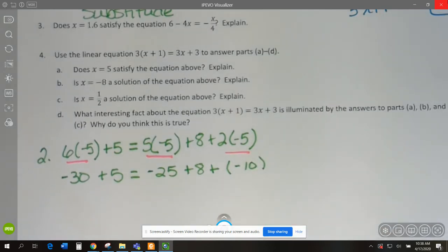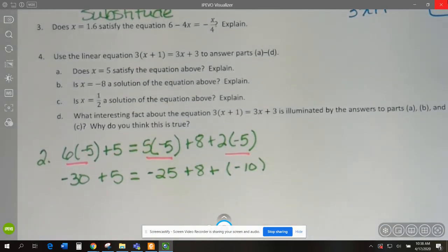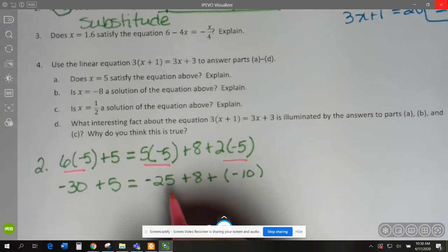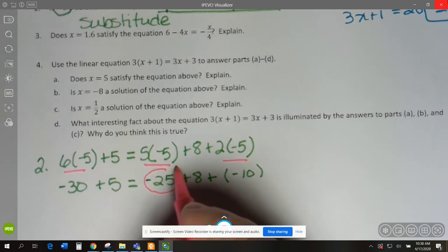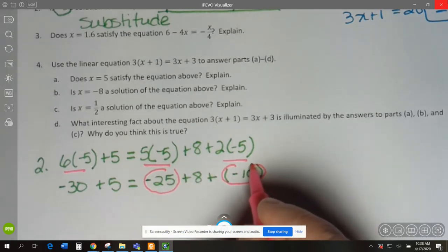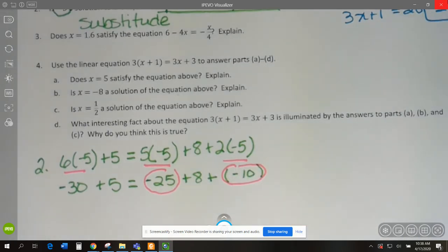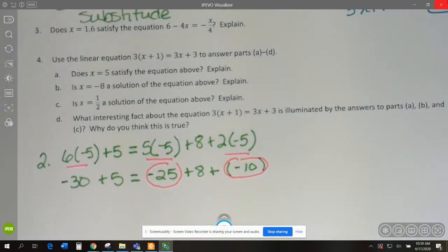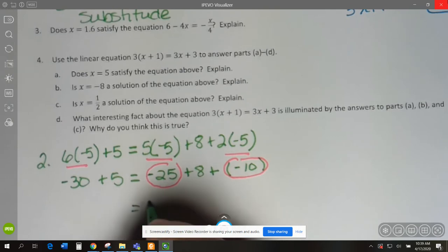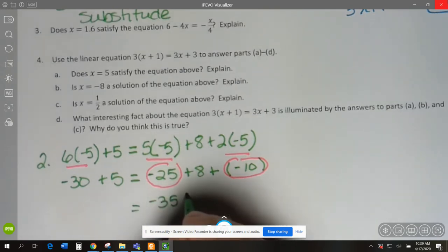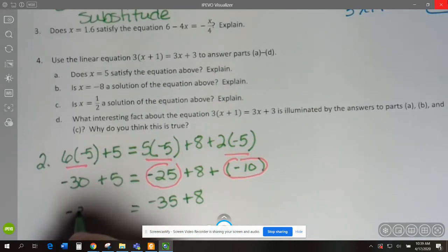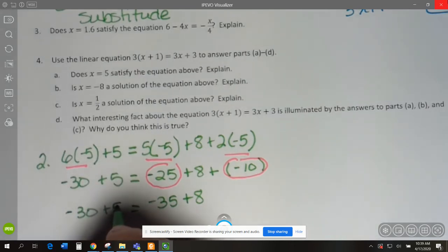Okay. So now let's come over here and let's add on the right side, let's put our negatives together. If I had negative 25 and I got 10 more, I have 25 negatives and I get 10 more negatives. Altogether, I'm going to have 35 negatives, right? And a positive 8. Here I have a negative 30 plus 5.